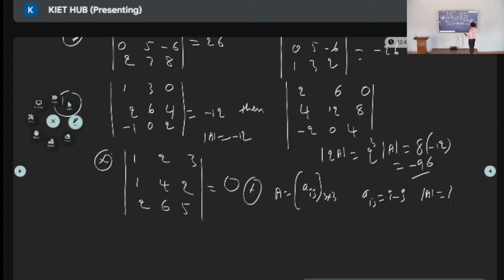What is the matrix here? 0, 1, 2, minus 1, 0, 1, minus 2, minus 1, 0. This is a skew symmetric matrix.